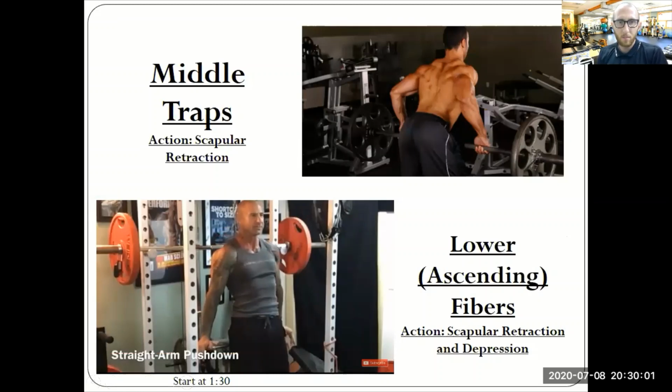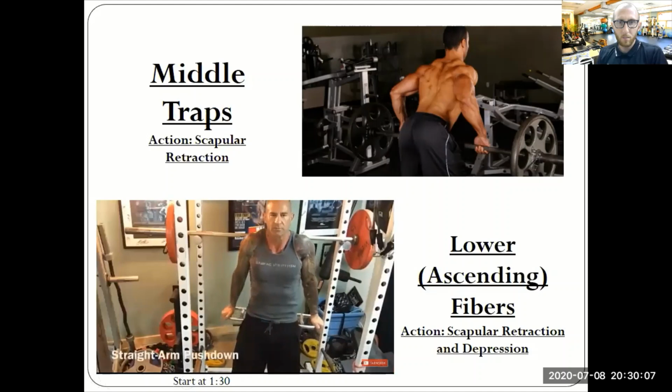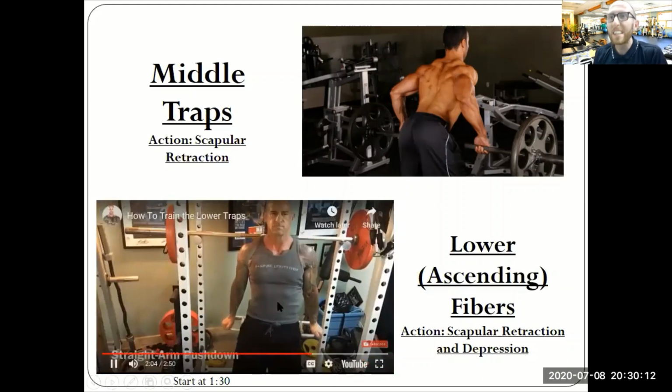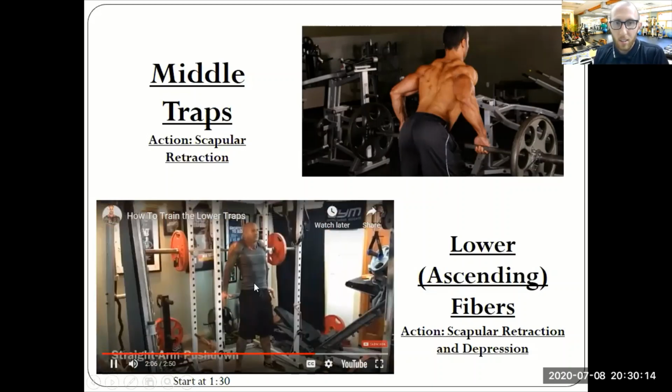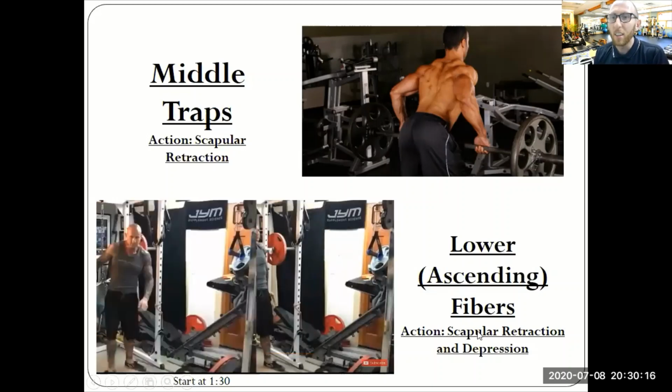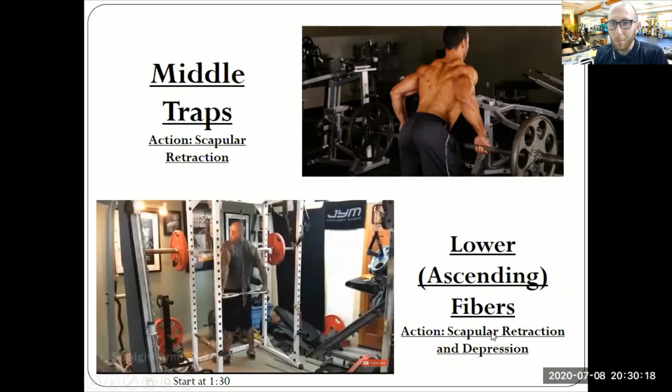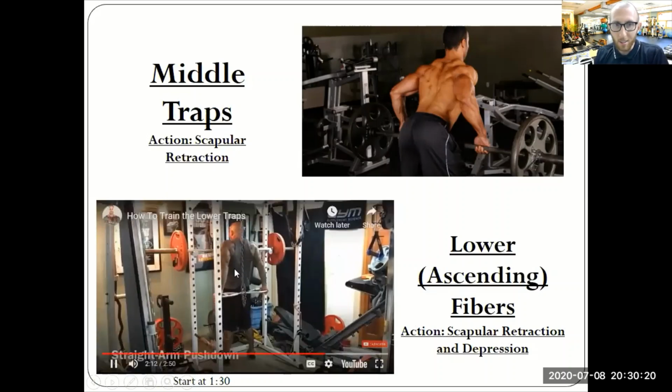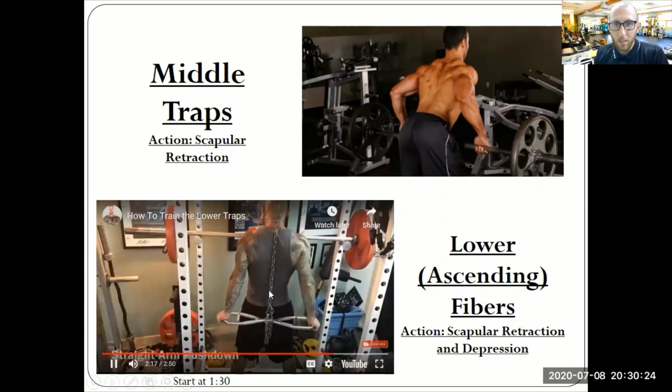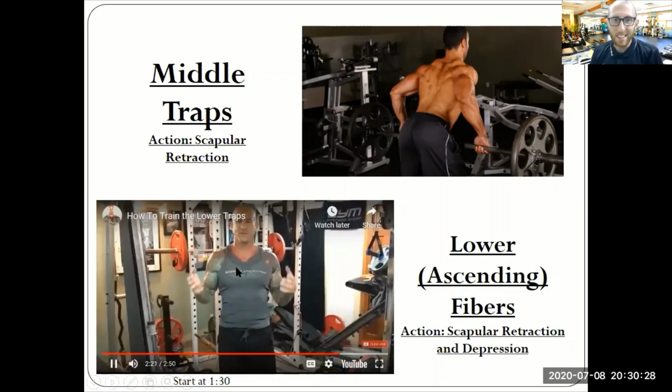Contracting the lower traps, up as high as you can. Keep those arms straight as possible. Back down. So he is pushing down to contract the lower fibers of the traps. Here you can see a great shot of it. Scapular depression at its finest right here.